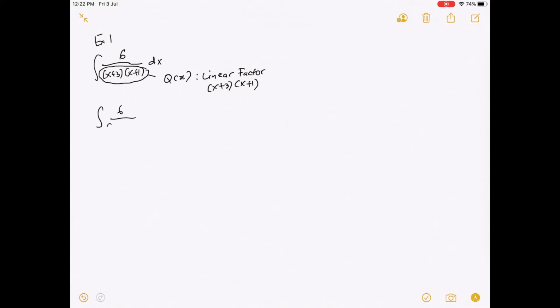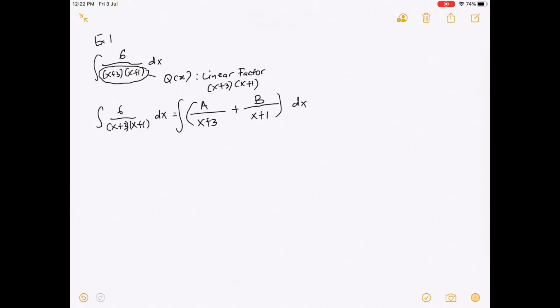So our partial fraction should be in terms of, let's say I choose A over x plus 3, and for the second one I choose a different alphabet, which is B, so B over x plus 1.